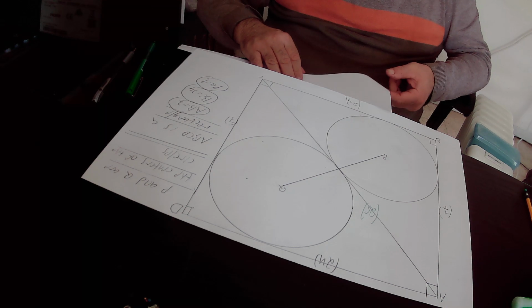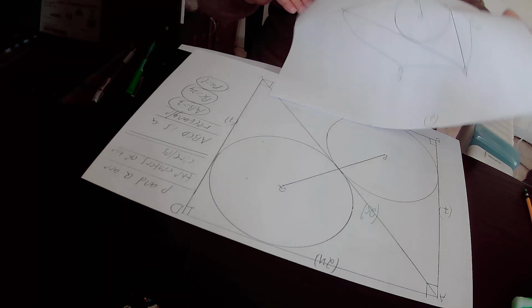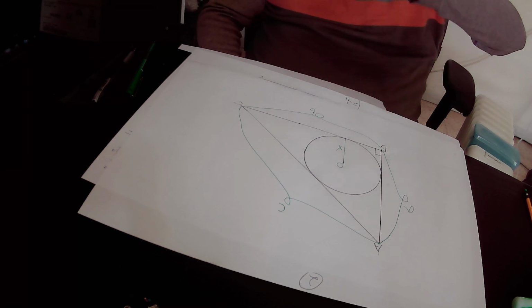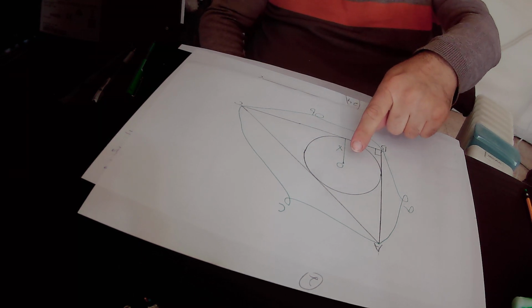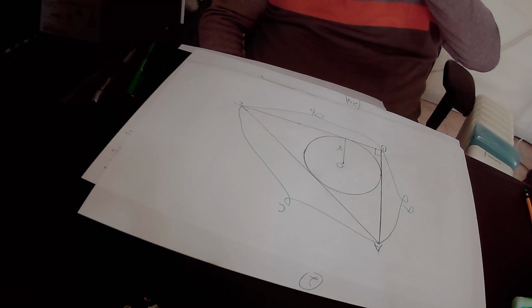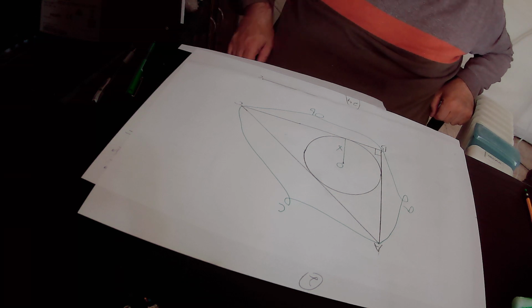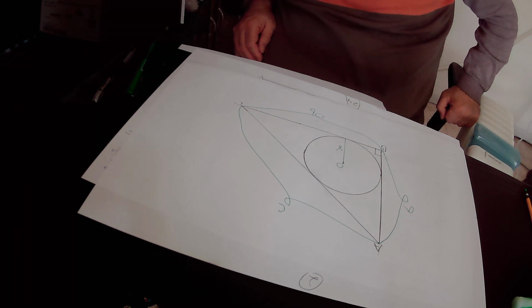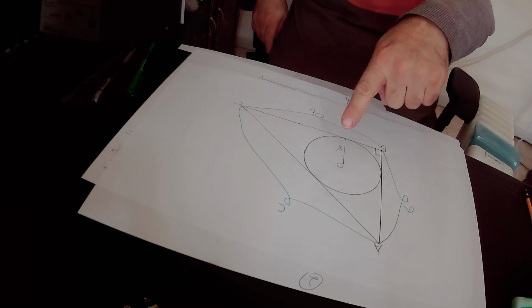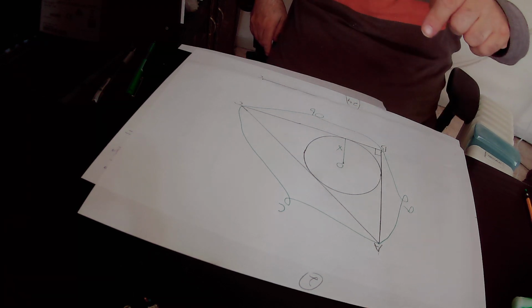So here we have the right triangle ABC that blocks this circle. And we know that the radius of this circle equals x. So we try to develop a special formula for the radius of this circle that is blocked by the right triangle ABC.